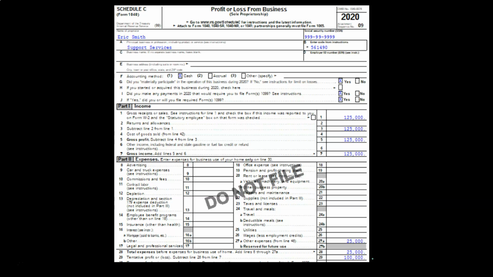And note that what's different about this situation is that if you're a W-2 employee, then you, on your side, will be paying your employee portion of Social Security and Medicare. That's what comes out of the W-2. On the employer side, they have to match that and pay it as well. When we think about this in terms of a sole proprietorship, the IRS basically sees you as both the employee and the employer.